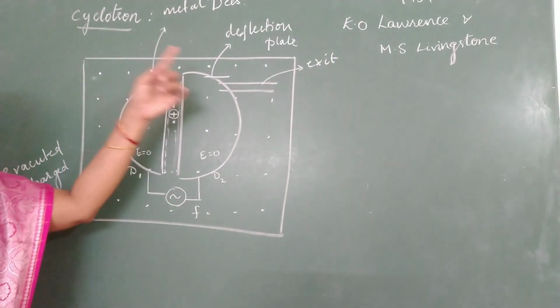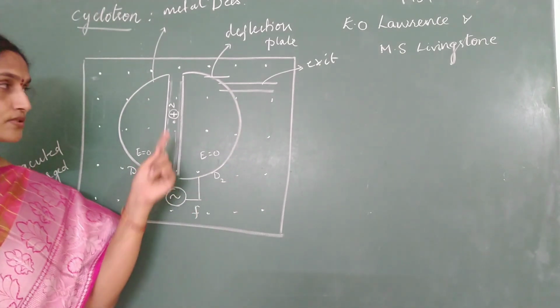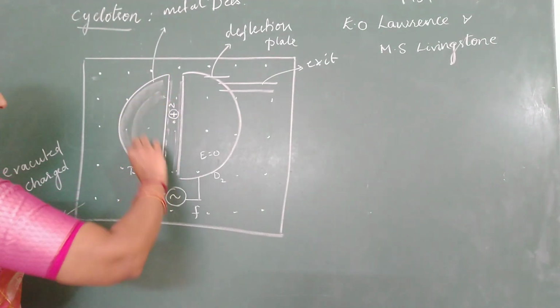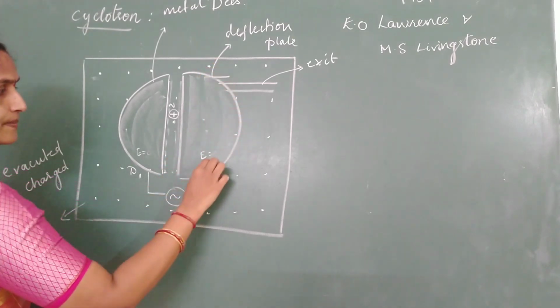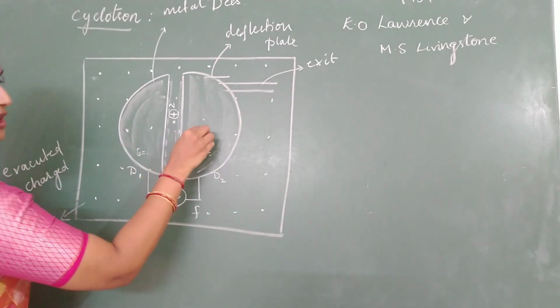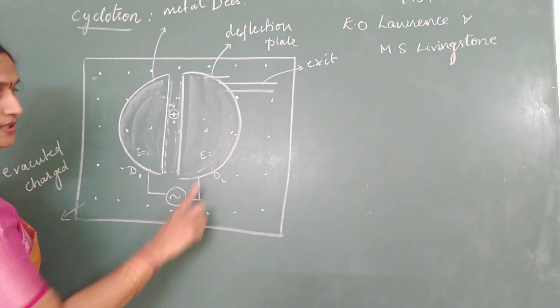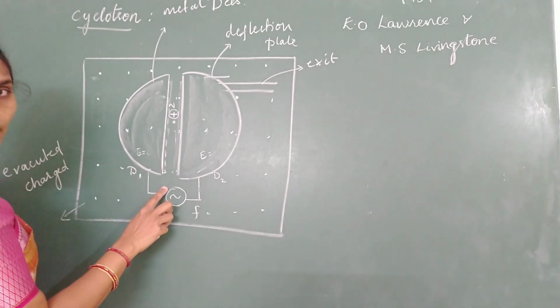Again I repeat, look at the construction of the cyclotron. It consists of two metal surfaces which are in the shape of a D. These are the two D-shaped metal surfaces connected to an oscillator whose frequency is F. We know there is no field inside the Ds, but there is an electric field in between them.